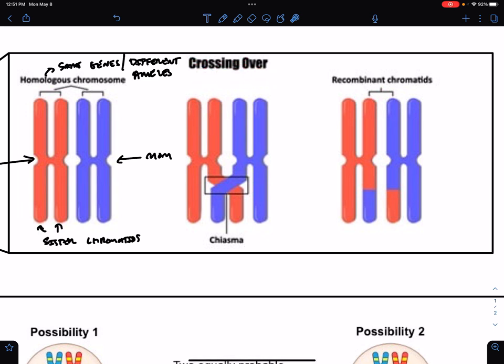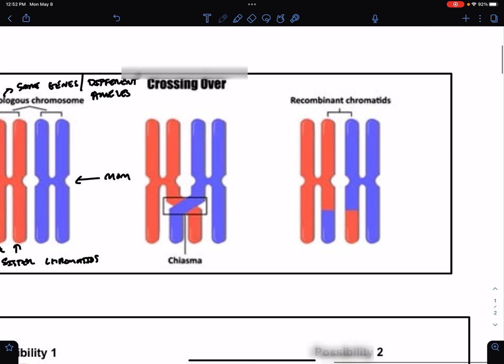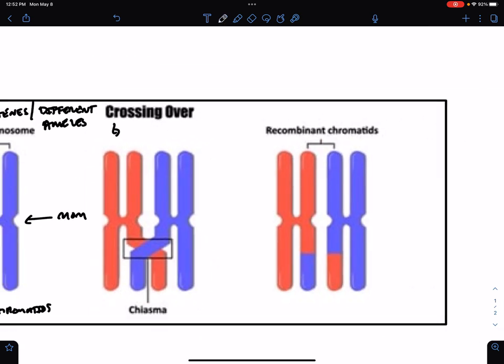a process called crossing over, and this is where the chromosome that you got from your dad crosses over with the chromosome that you got from your mom. They form this structure called chiasma, or if it's plural, it can happen at multiple places along the chromosome, so it's chiasmata, kind of like stoma and stomata, and this can happen anywhere on the chromosome.